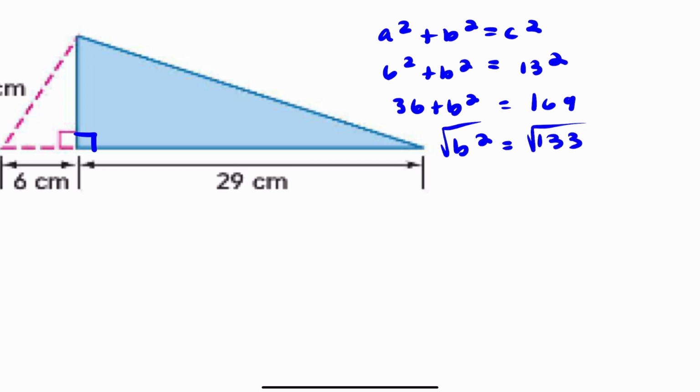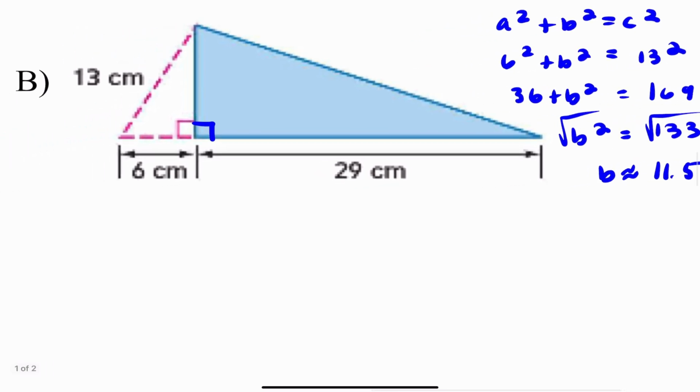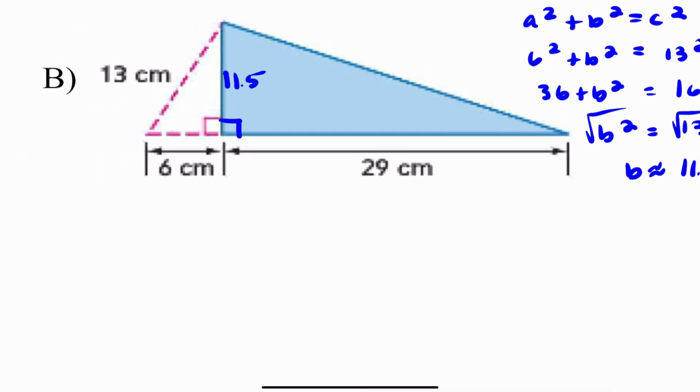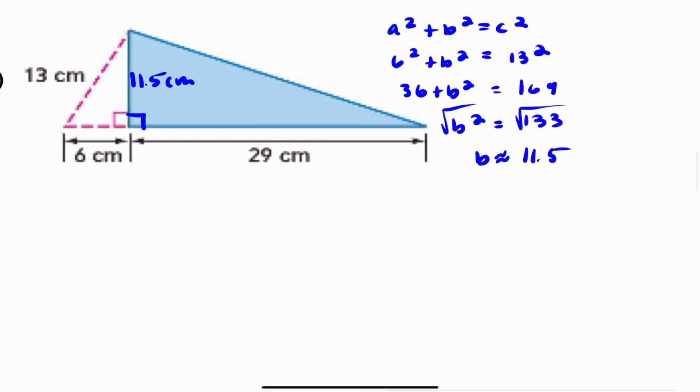Take the square root. B is approximately 11.5. All right, so B is approximately 11.5. That's my height, actually. So 11.5 what? Centimeters.